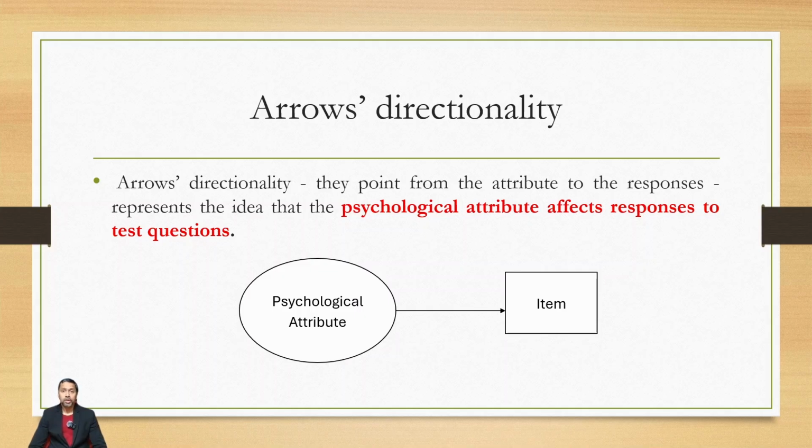Whatever a person is giving, suppose on a Likert scale of 1 to 5 or 1 to 7, the assumption is that the underlying attribute is influencing the item and not the other way around. Though we are not able to gauge the attribute directly, based upon the scoring on that item, we can indirectly measure how much of the psychological attribute is present within that respondent.